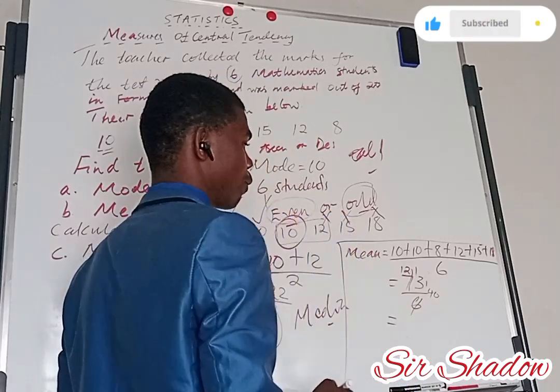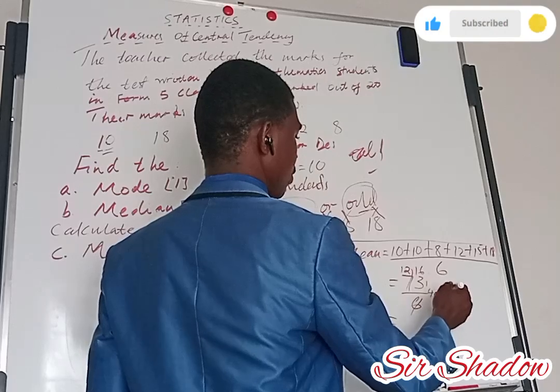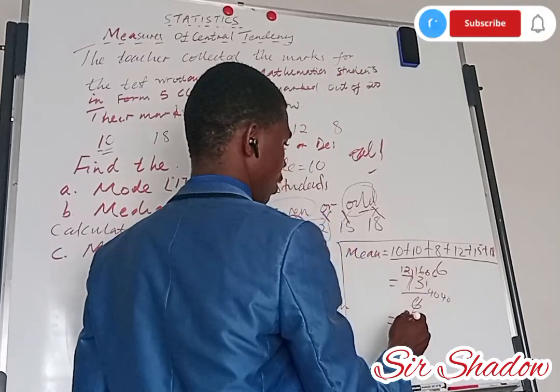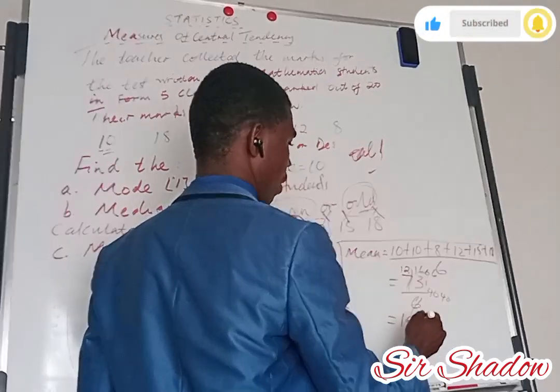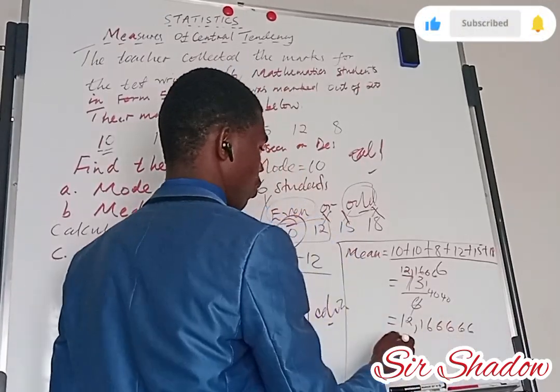Then 6 into 40 is 6, remainder 4, and so on: 12.1666 and so on.